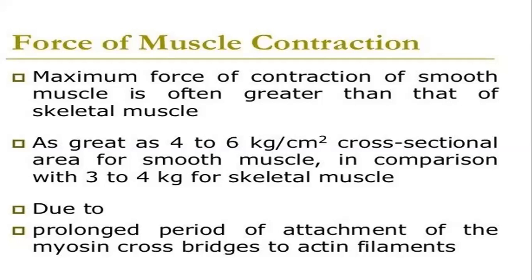This sustained force is maintained with only 20 to 30% of cross bridge phosphorylation, and thus ATP utilization is reduced. The term latch state refers to this condition of tonic contraction during which force is maintained at low energy expenditure.